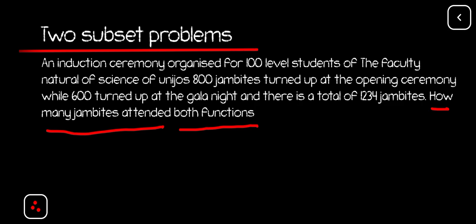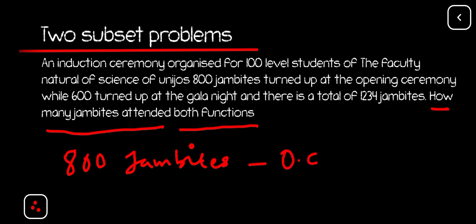The question sometimes can go over your head or be very confusing. So what you do is bring out the values inside or parameters. So let's start from the beginning. There is an induction ceremony of 100 level students. There are 800 Jambites that came for the opening ceremony. So let's say OC, 800 Jambites for the opening ceremony.